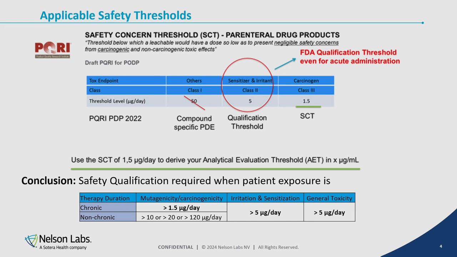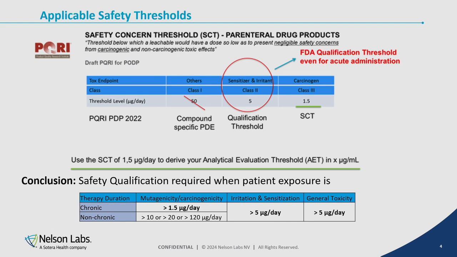Then it became 50. 50 was proposed, but is not upheld. LC comes up with 35. I'm not using that yet without it being accepted. So the only next threshold you have after 5 micrograms a day is the permissible daily exposure.